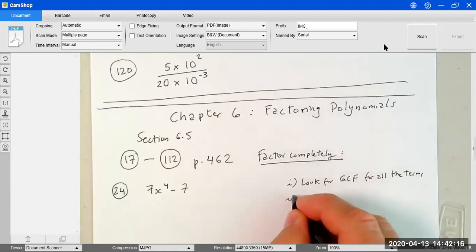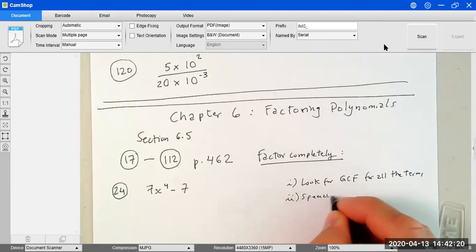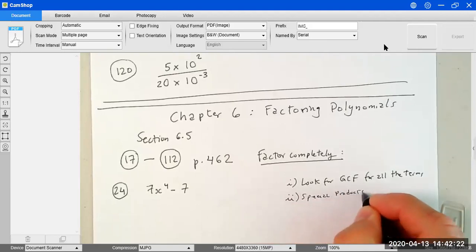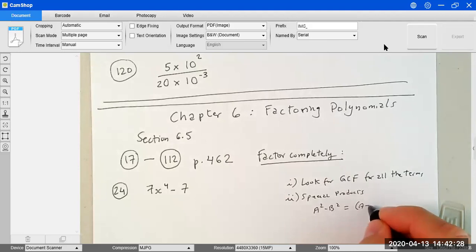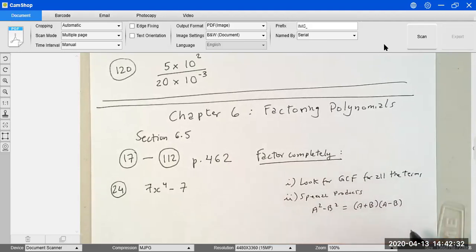Then you're going to check whether you have special products. So remember something like the difference of two perfect squares, that is going to be factored as a plus b times a minus b. So the product of two conjugates.